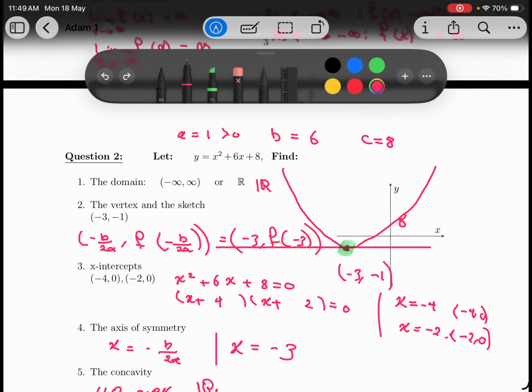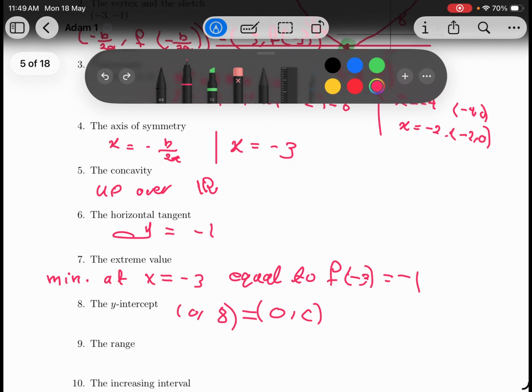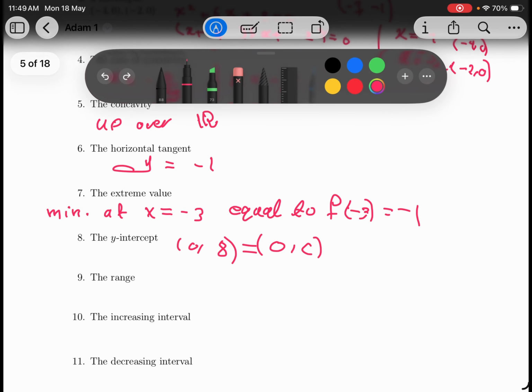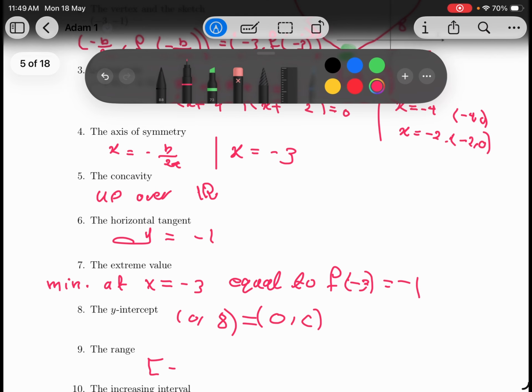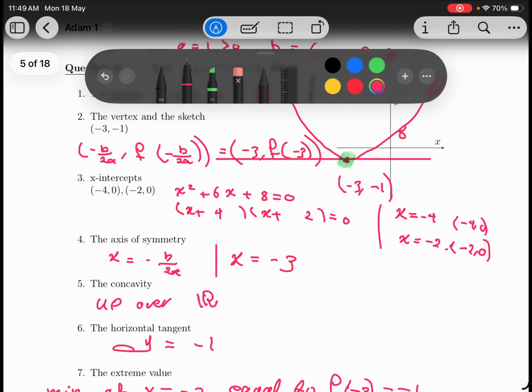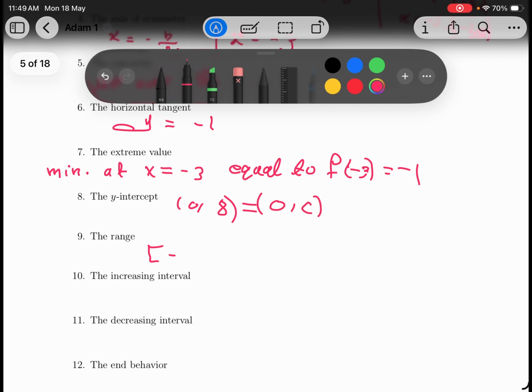This is the range, which is the set of all outputs, okay? So it starts from the y coordinate of the vertex, which is minus 1, up to infinity, closed at minus 1, open indeed at the side of infinity.